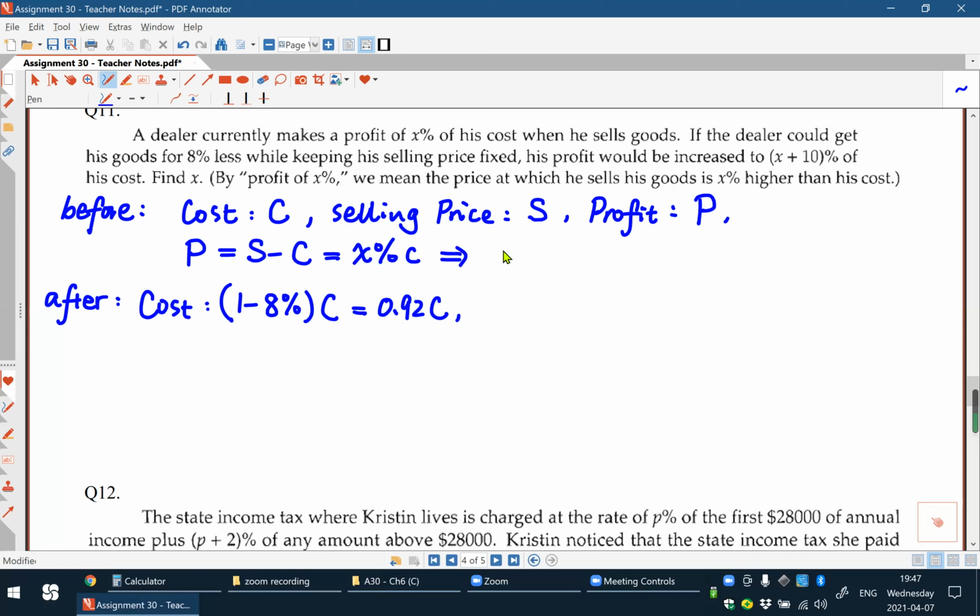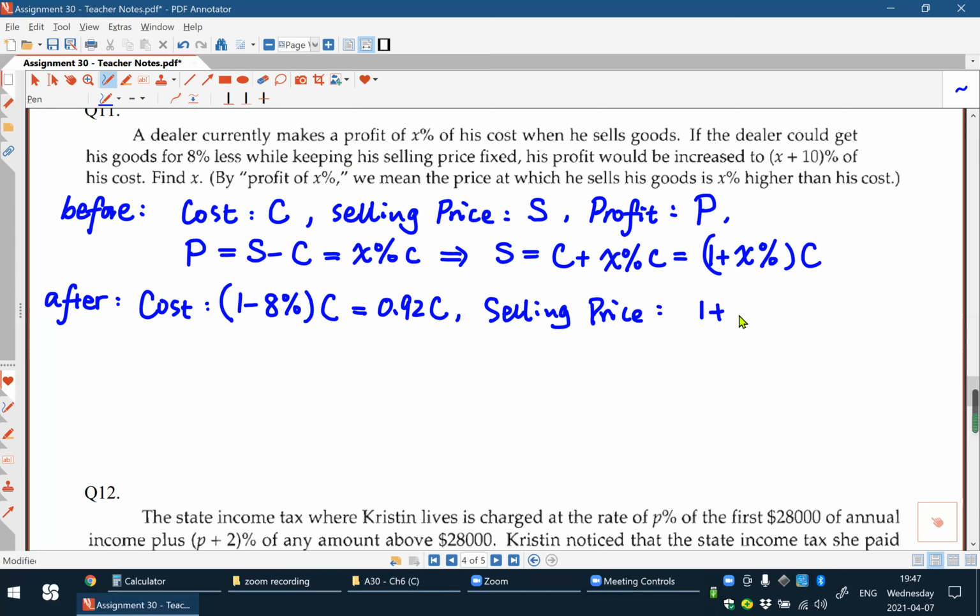And from this equation, we know the selling price S is C plus X% of C, which is 1 plus X% times C, right? And after the price change, it says the selling price is fixed. So that means the selling price does not change. So the selling price is still 1 plus X% times C, right?